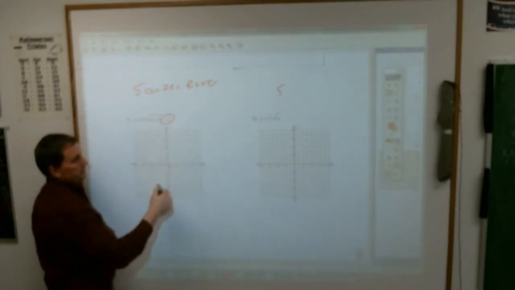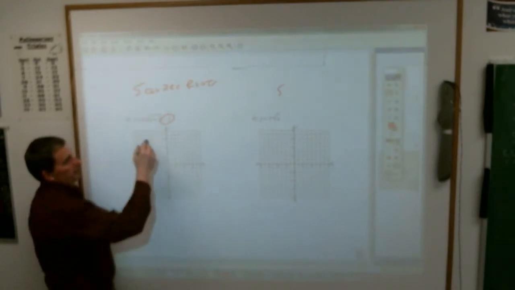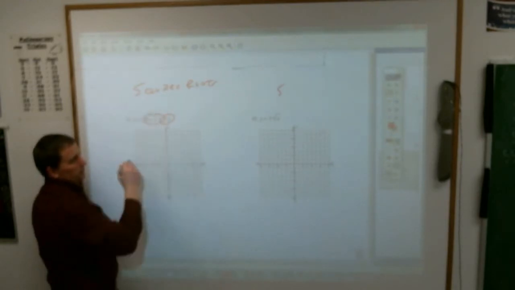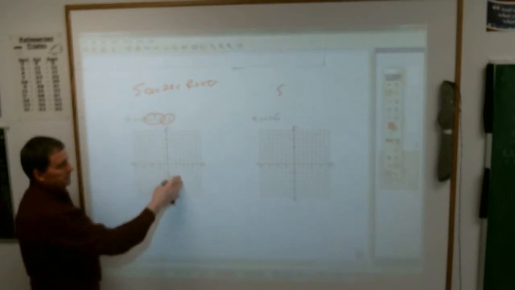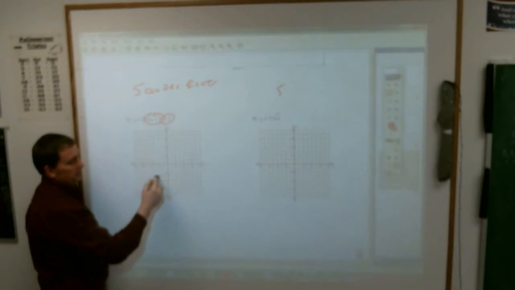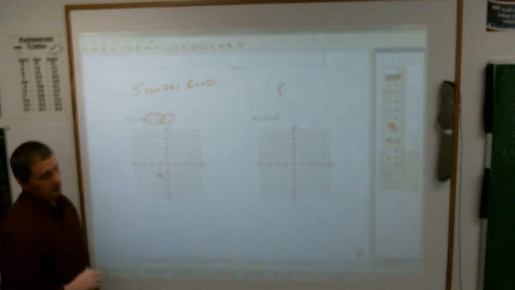If it's a -3, you think about going down 3 places. And then the number inside of the square root, you think about going the opposite direction. It doesn't go +2, it actually ends up going -2. So your square root is going to start right there, and it is nothing more than the Nike swish.